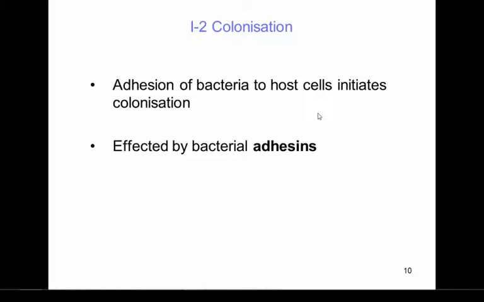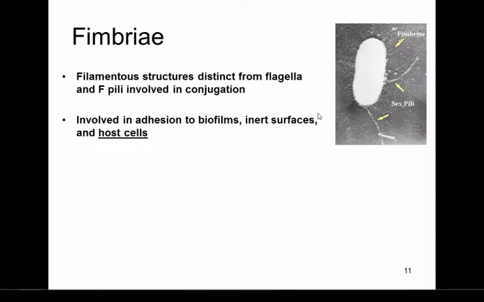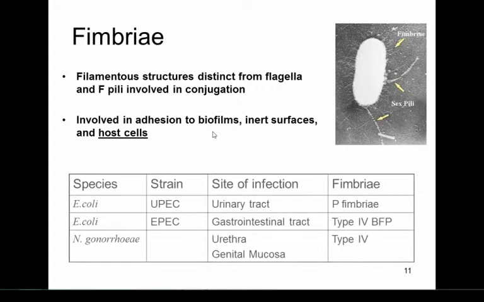It's mediated by bacterial adhesins that are either fimbriae, filamentous structures on the outside of the cell, or non-fimbrial adhesins. Just a reminder, fimbriae are filamentous structures often involved in adhesion to biofilms and inert surfaces.